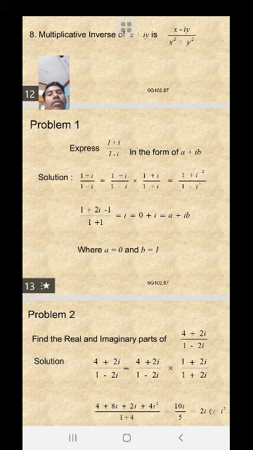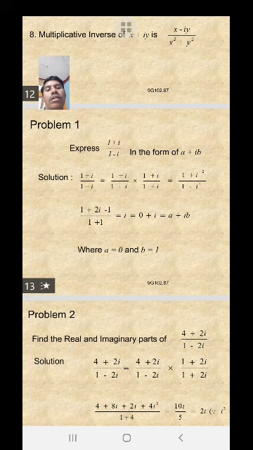Sorry, in the numerator (1 + i) into (1 + i), (1 + i) whole square means a square plus b square, that is i square means minus 1, plus 2ab. 2ab means 2 into i. By the denominator 1 minus i square, i square means minus 1, so 1 plus 1. That equals, 1 minus 1 get cancelled.